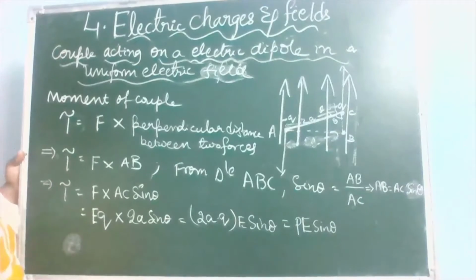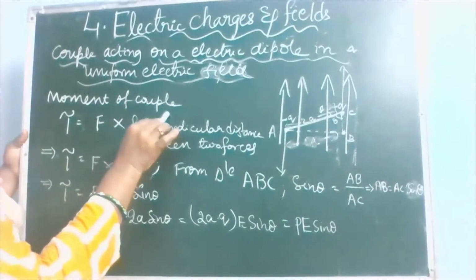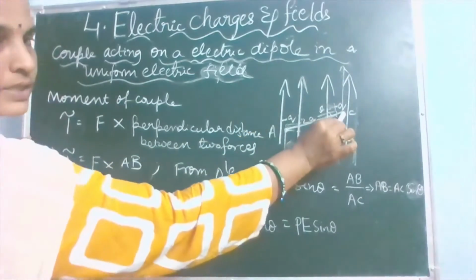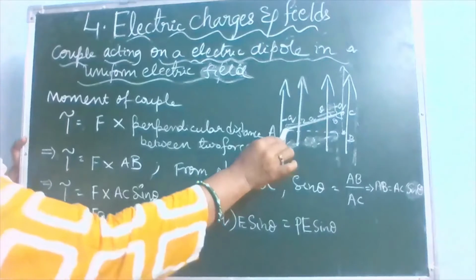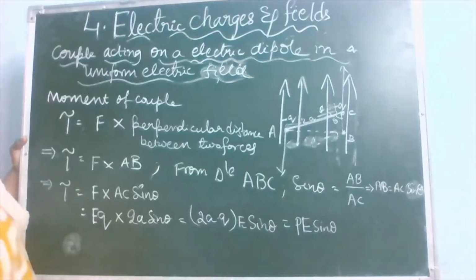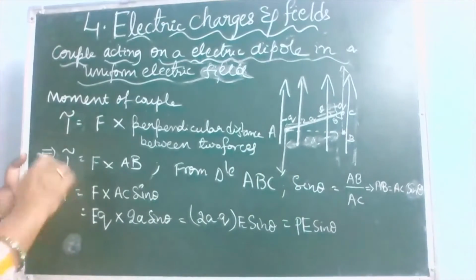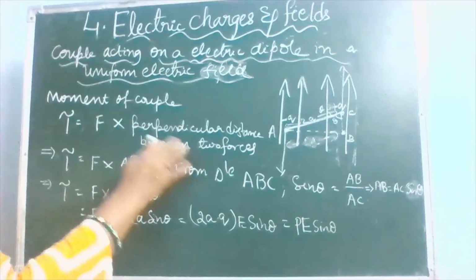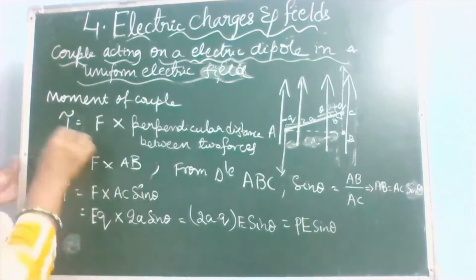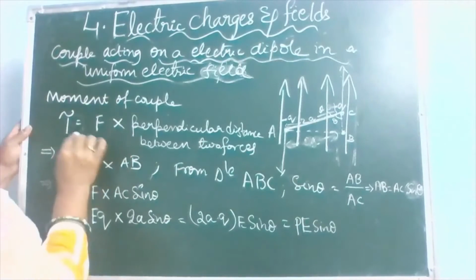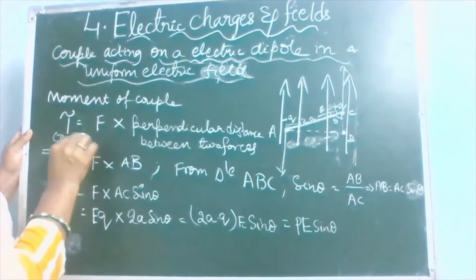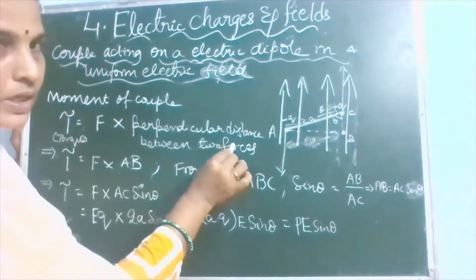Okay, now we will find this torque. I already told you, the moment of couple, the force which acts in opposite directions. In this direction force acts at this point, and in this direction the force acts at this point. So automatically it makes some angle theta with this electric field. Then to calculate this torque, we have to take the perpendicular distance. The formula for the torque, this one is called torque, is force into the perpendicular distance between the two forces.